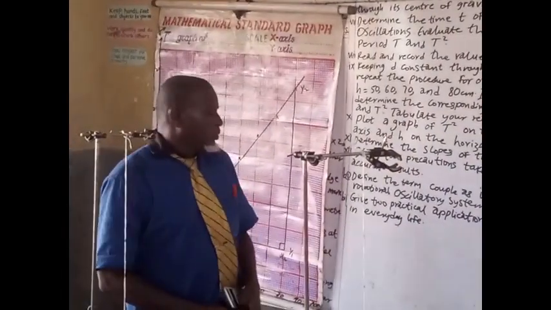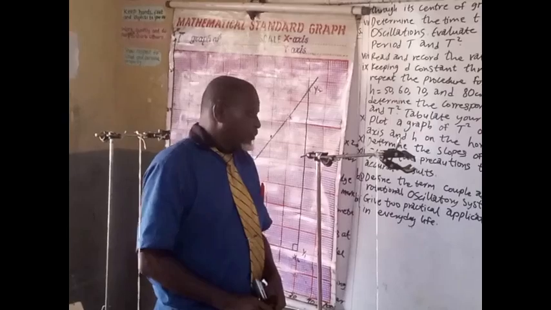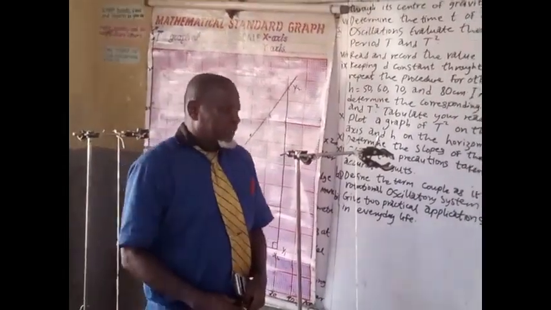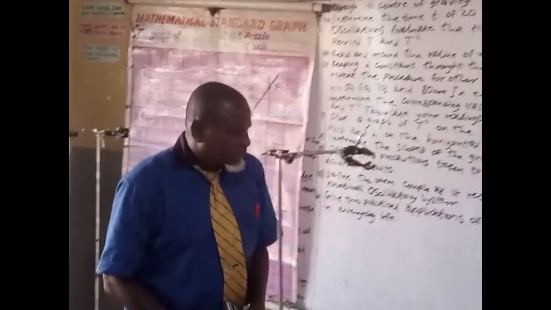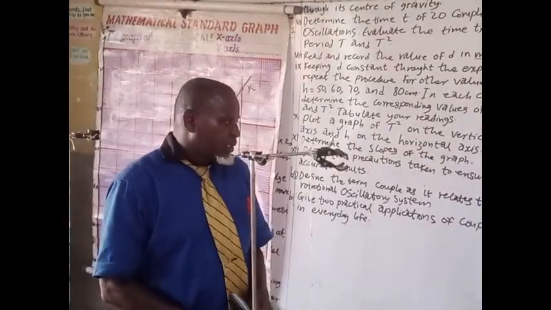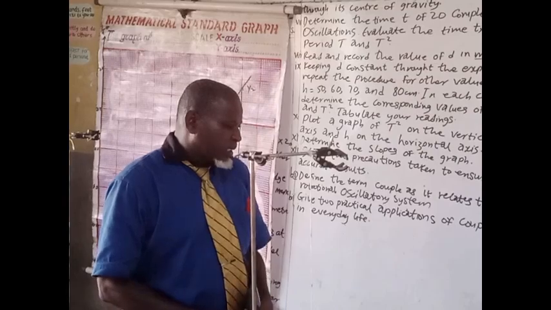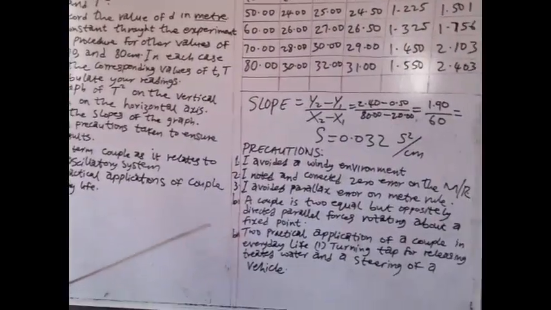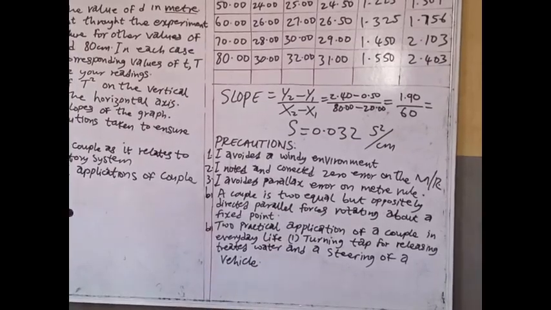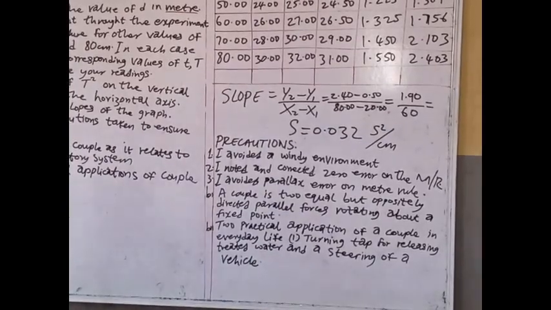Then D2. Give 2 practical applications of couple in everyday life. 2 practical applications of a couple in everyday life are turning a tap for releasing treated water and turning the steering of a vehicle, either car, bus, or whatever.